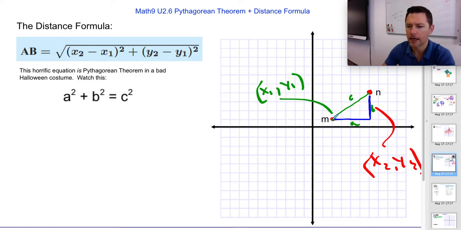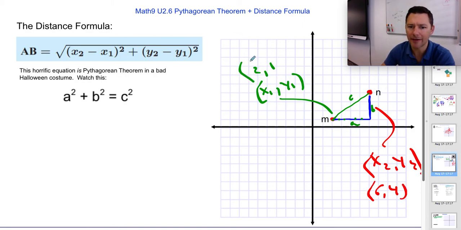And a is really made up of this distance, 1, 2, 3, 4. Well, this point is 2 over and 1 up. And this point is 1, 2, 3, 4, 5, 6 over and 1, 2, 3, 4 up. So 6 over and 4 up.